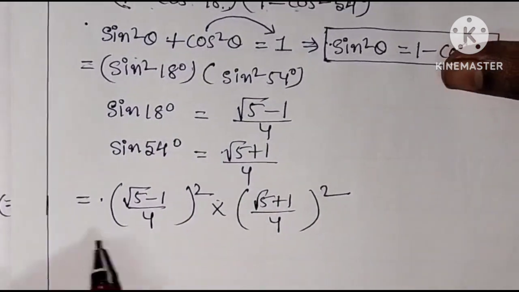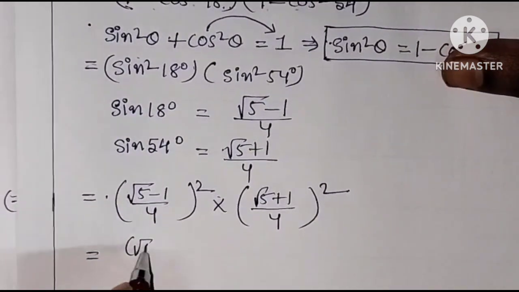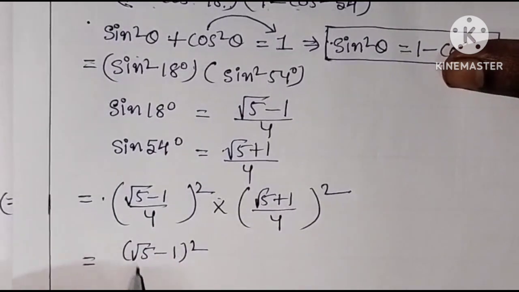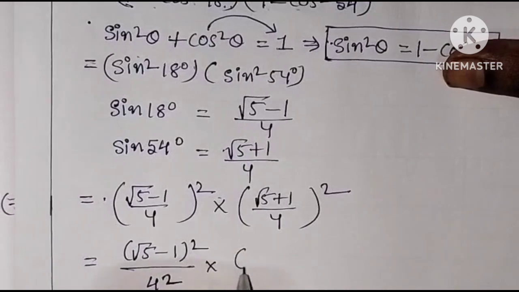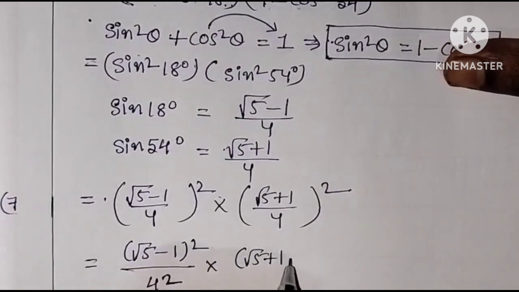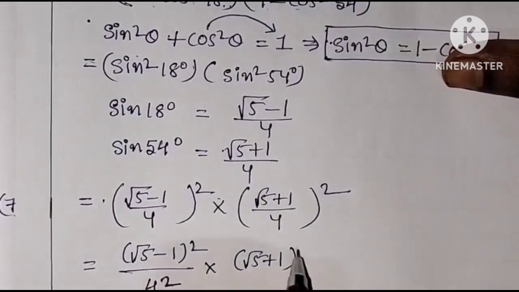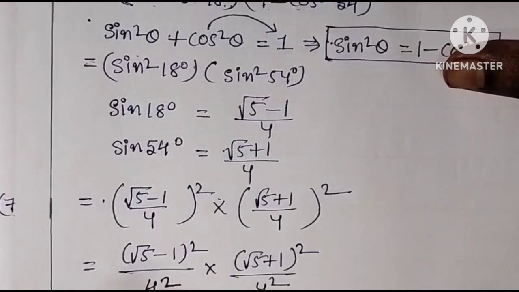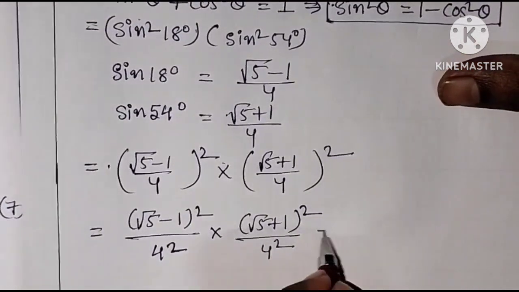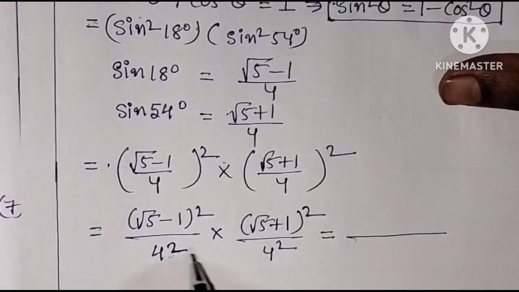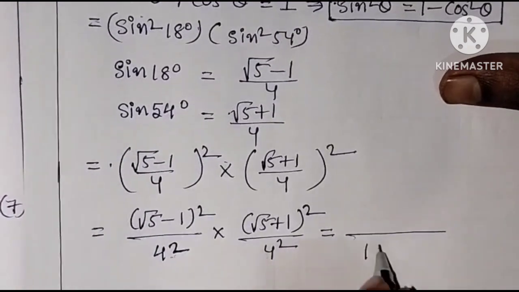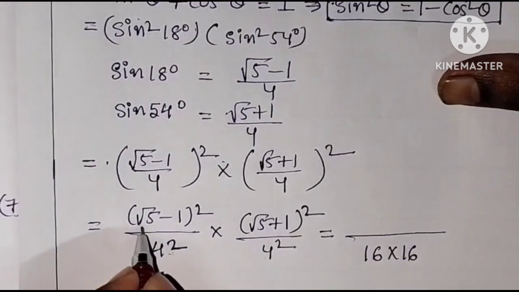Now the numerator is root 5 minus 1 whole square by 4 square, and in the denominator root 5 plus 1 whole square by 4 square. So 4 square is 16, again 4 square is 16.